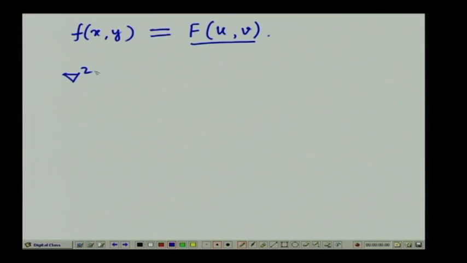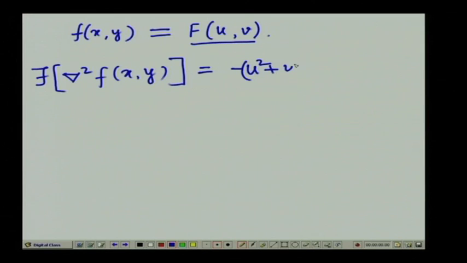It is simply because if for a function f(x,y), I get the corresponding Fourier transform F(u,v), then the Laplacian operator, if I perform del square f(x,y) and take the Fourier transform of this, it can be shown that it will be equal to minus (u square plus v square) into F(u,v).